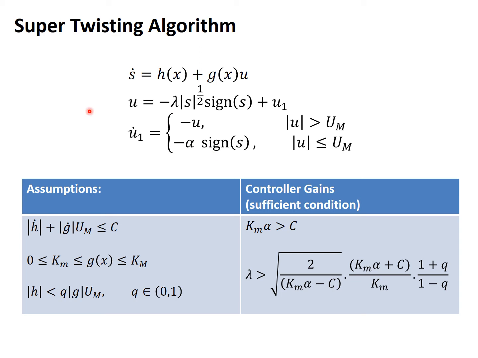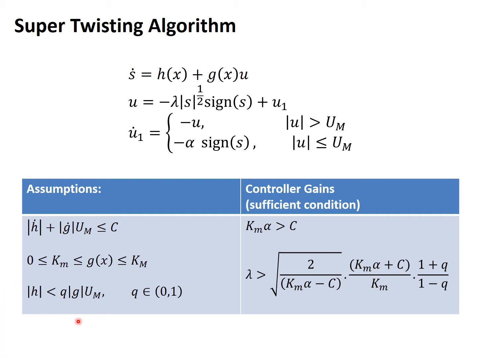Here we have the assumption that H and G both are unknown to us. However, they are bounded by this condition: mod of H dot plus mod of G dot U capital M is less than or equal to C, and G is bounded by these two positive quantities.